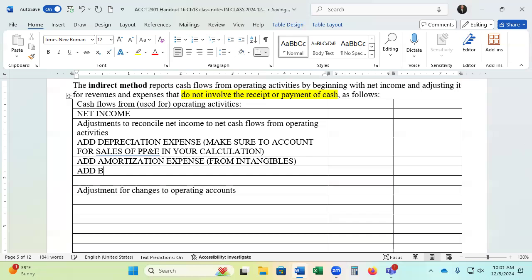You're going to add back any losses, like investments or sales of PP&E. And the last thing you would do would be deduct any gains, investment, or sales of PP&E.